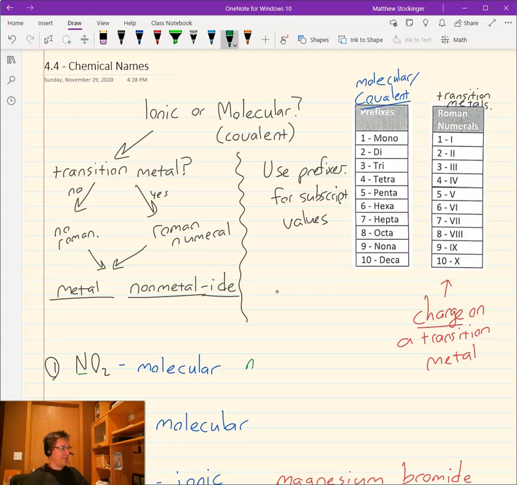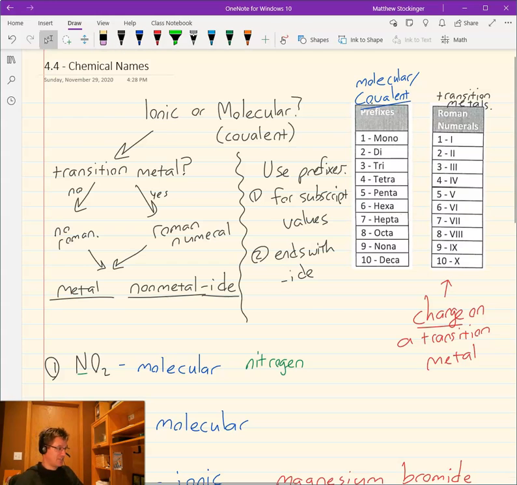N, nitrogen. Actually, 2 things. 1, use prefixes. 2, it still has to end with IDE. Ide. Okay. So nitrogen, and that's not the ending, but the oxygen now is the ending of the compound. That's oxide.